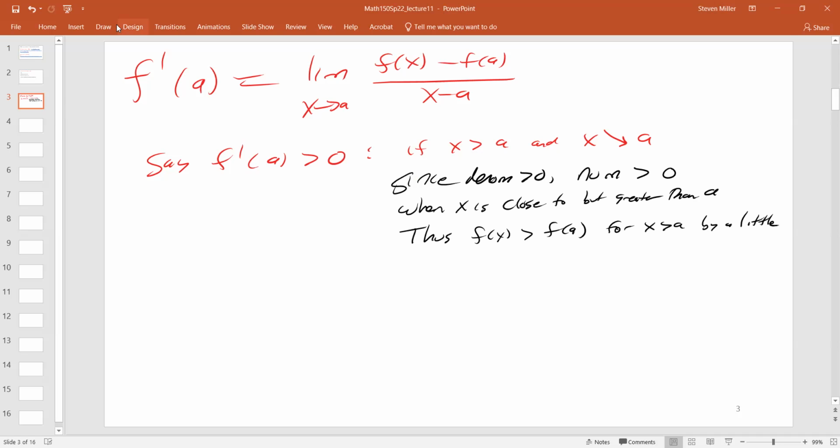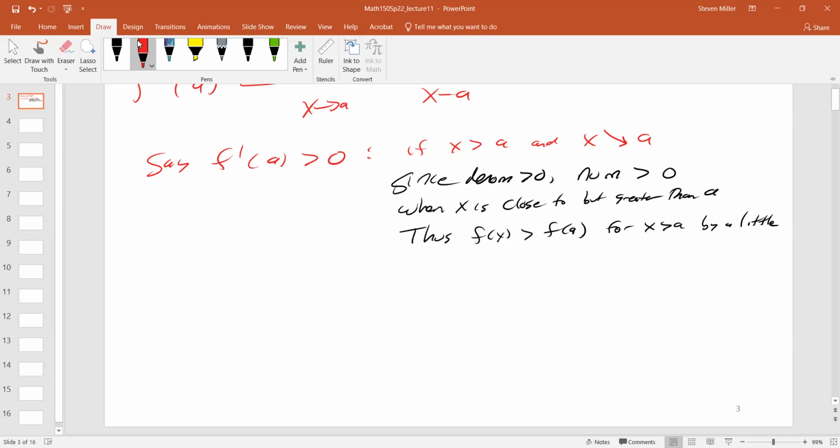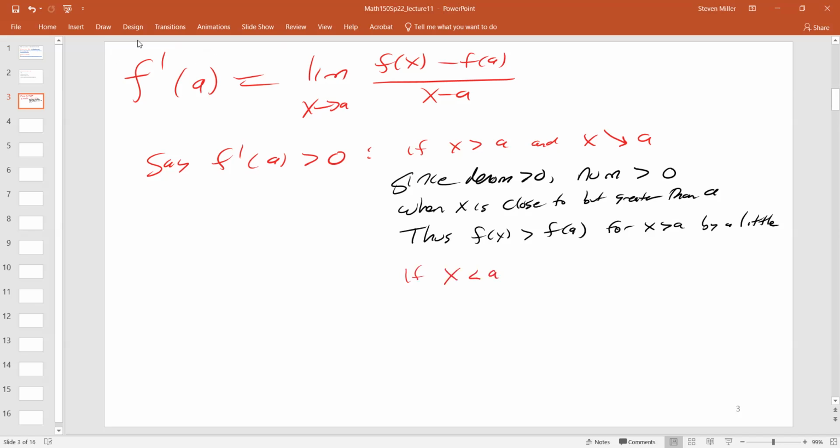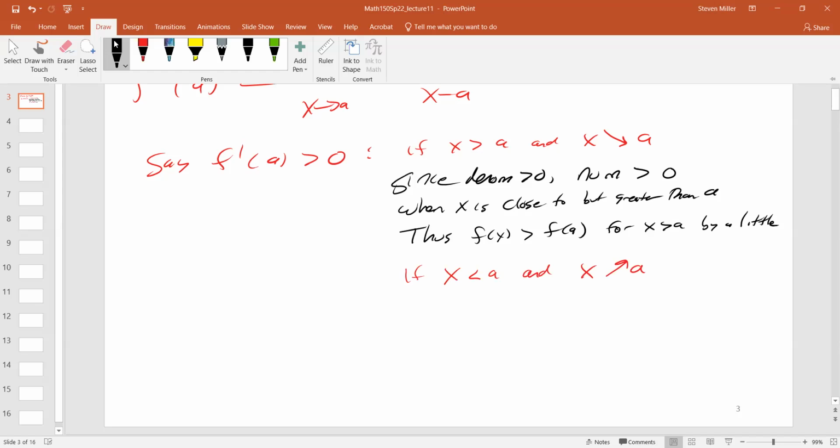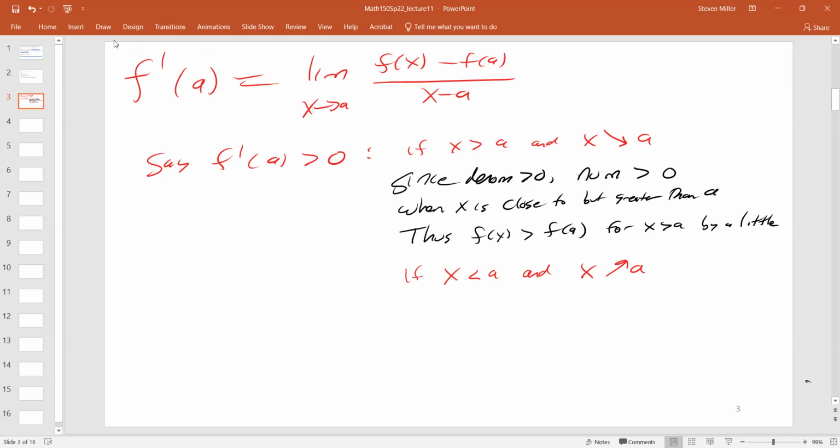We could also do, in this case, what happens if x is less than a and x is going to a from below. So x is now a little bit less than a and it's rising up to a. What must be true in this case? What can you tell me about the denominator now? The denominator is now negative, less than 0.